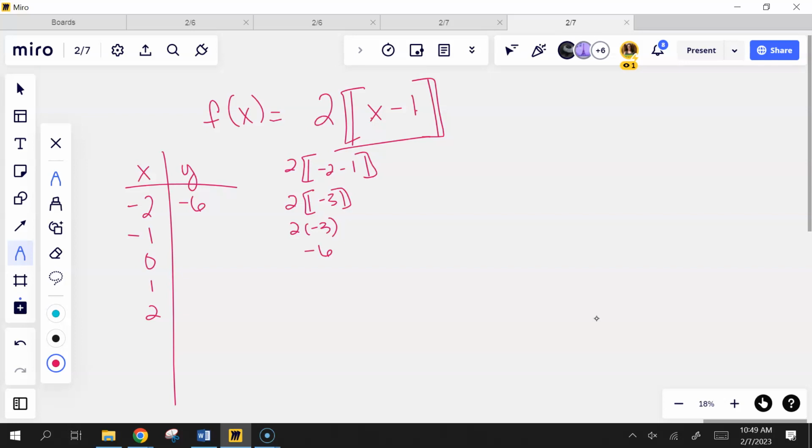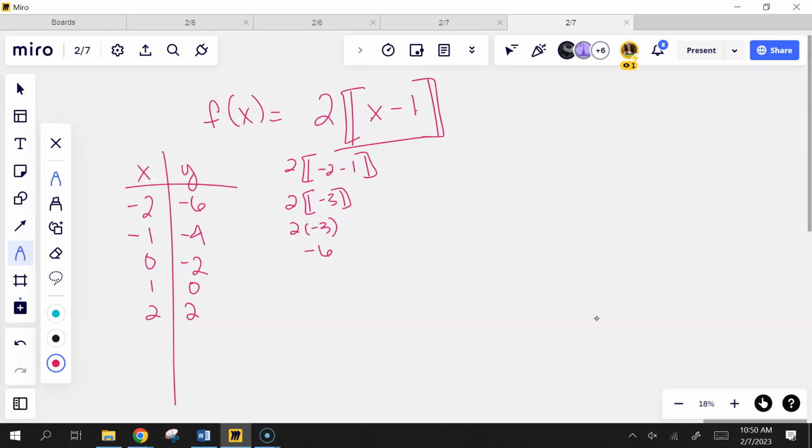Hank, what'd you get when you plugged in -1? How about 0? -2. It is a pattern. They all have a pattern. You got to figure out the pattern.